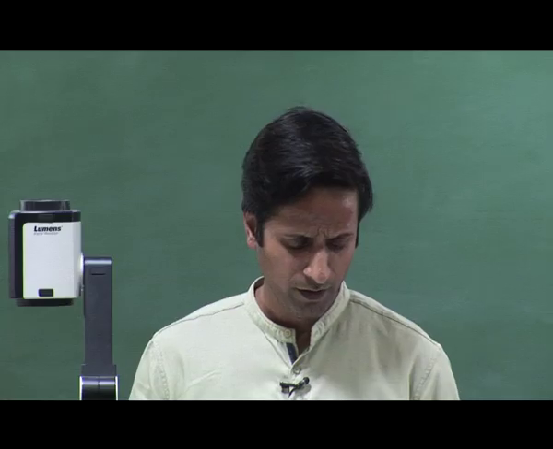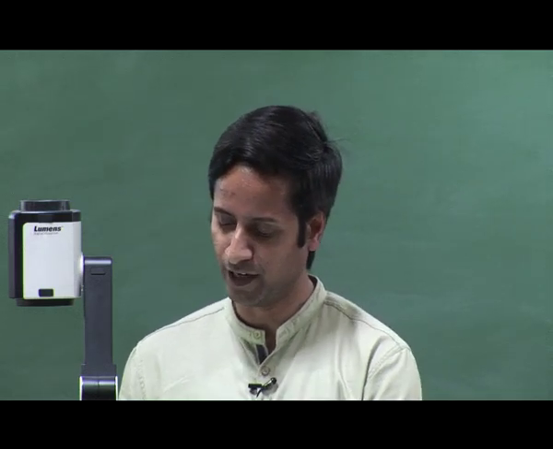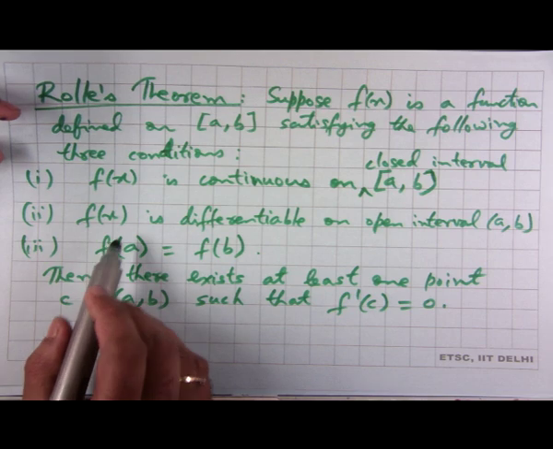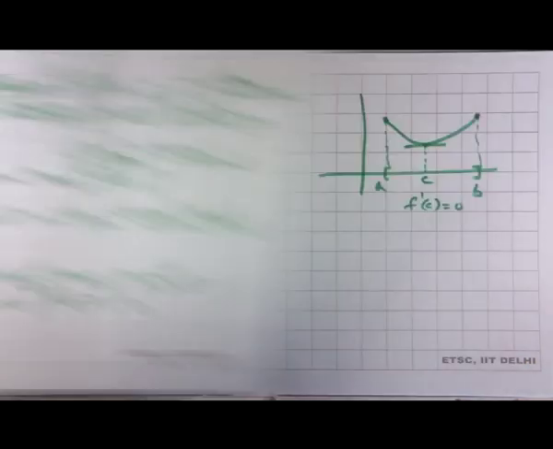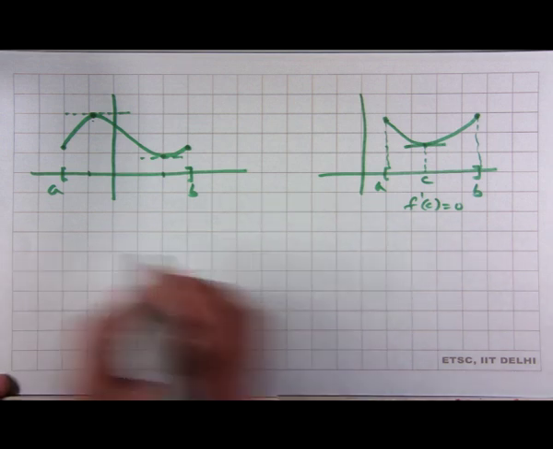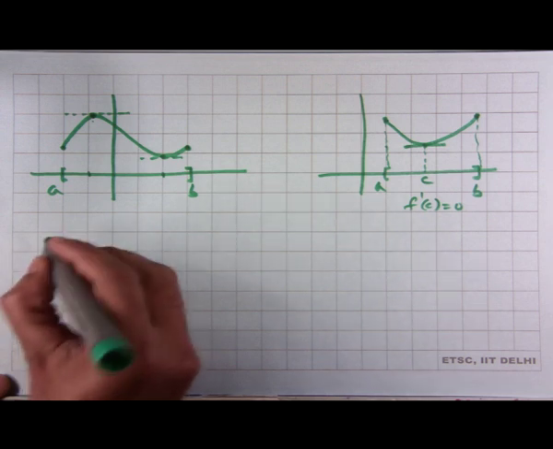Okay, so this Rolle's theorem, we will again try to see that these conditions specified here are necessary conditions. We will not look at the proof right now, but we will show that the conditions are necessary.